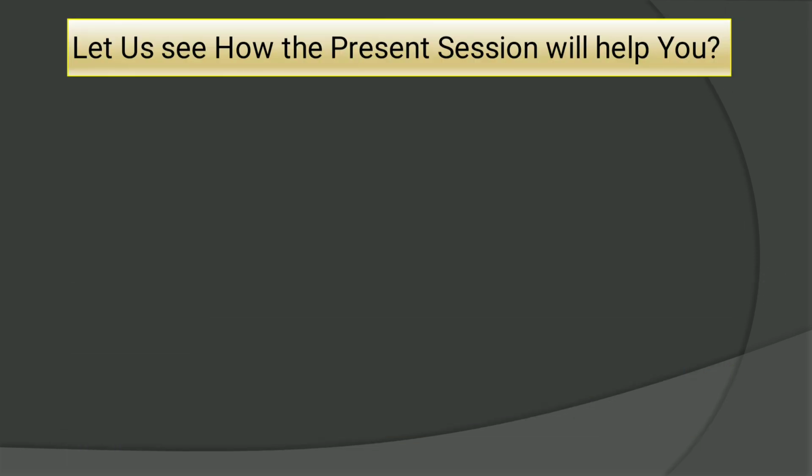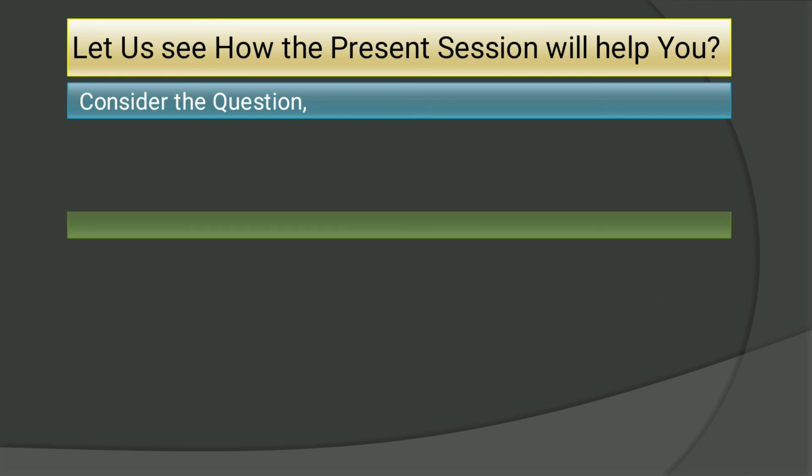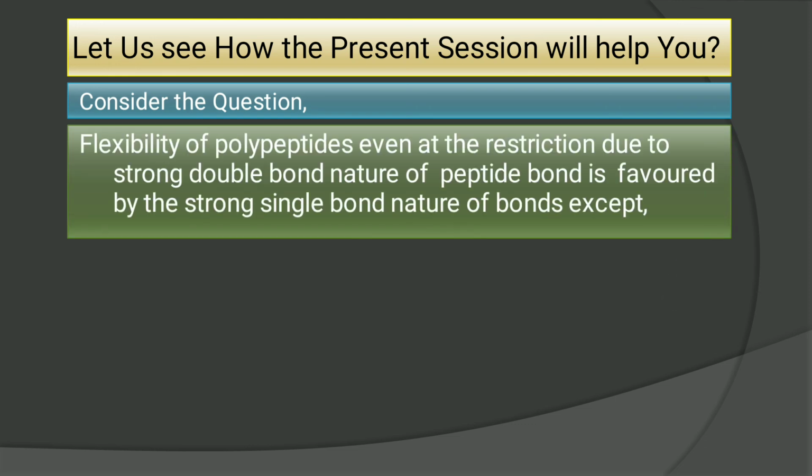Now, let us see how this present session helped you. Let us see a question. Consider the question: the flexibility of a polypeptide, even with the restriction due to the strong double bond nature of the peptide bond, is favored by the strong single bond nature of bonds except.